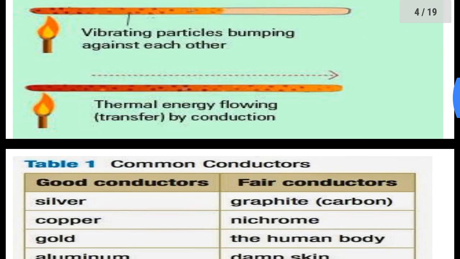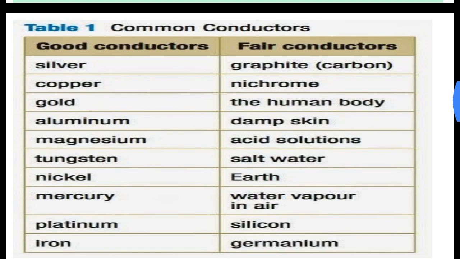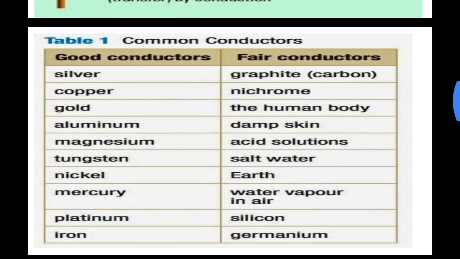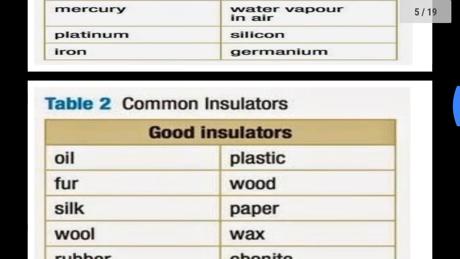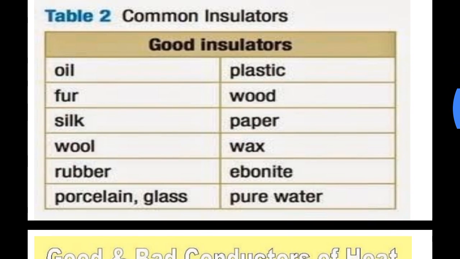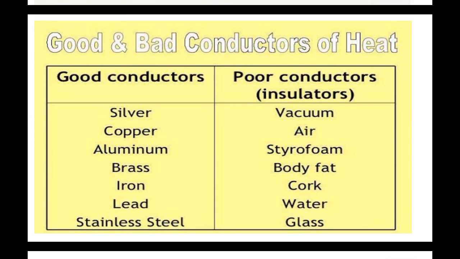Then next we'll move on to different substances. They are categorized into two kinds, good conductors and bad conductors. Good conductor means the one which allows heat to move.